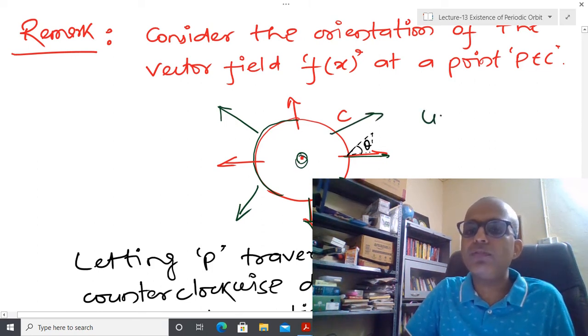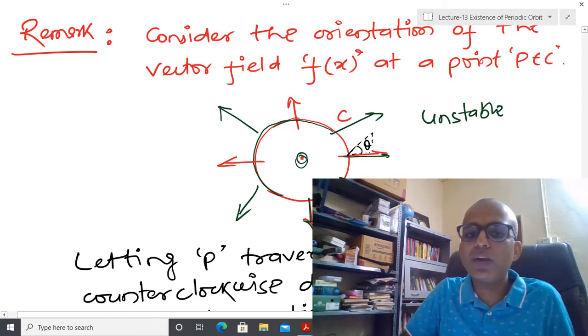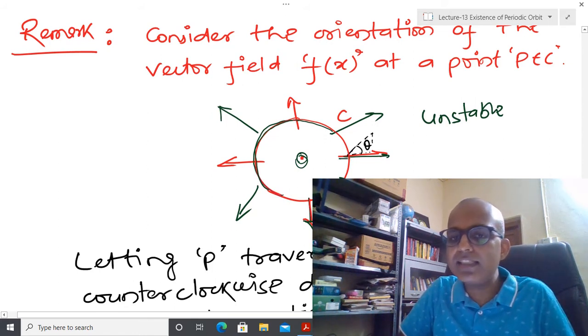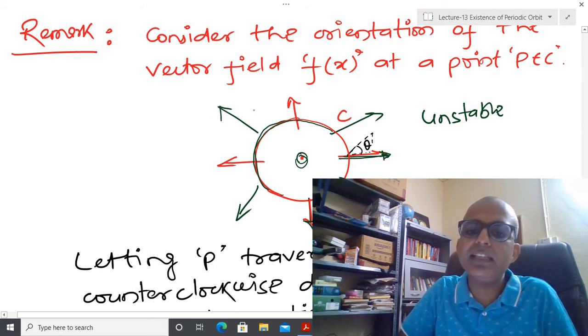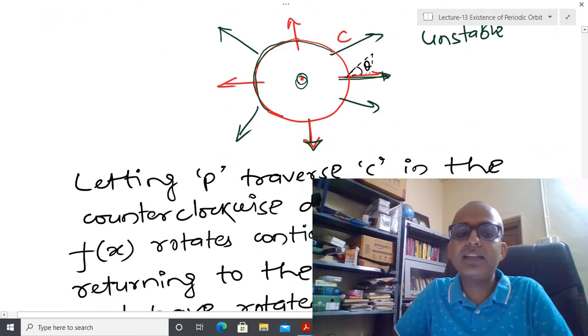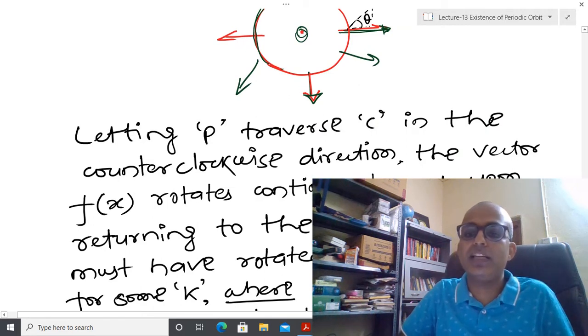Okay, now what we are going to do is travel along this particular curve in the counterclockwise direction. So I will take one vector field, and after that I start traveling in this direction, and we say that the vector f(x) rotates continuously.